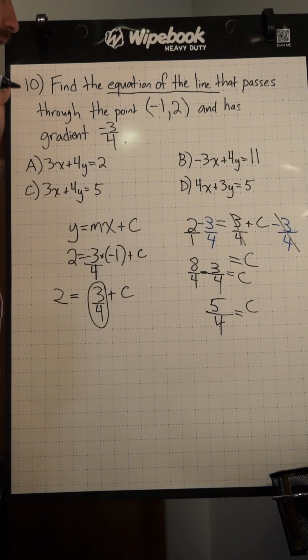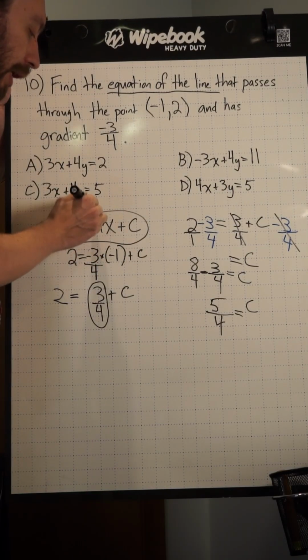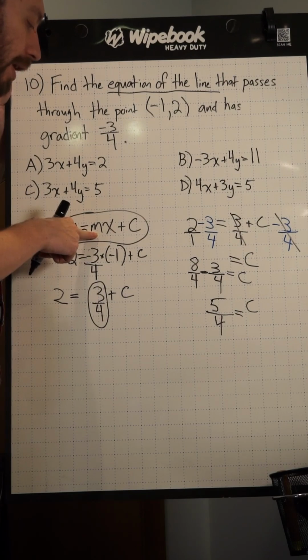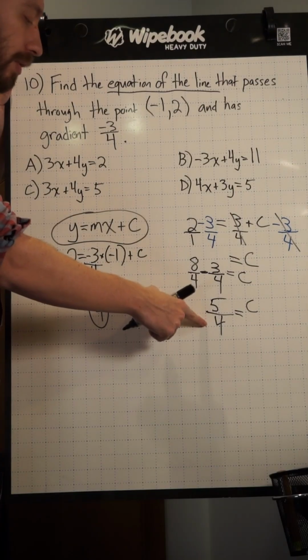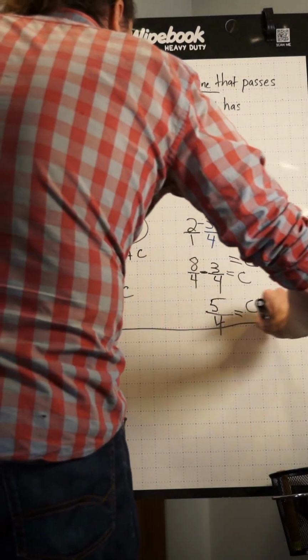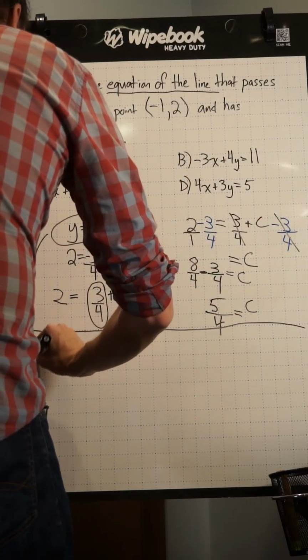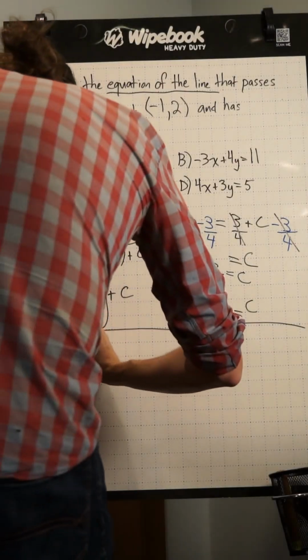Now the final thing that we need to do, we're going to go back to the equation of the line. We're going to put in, again, for M, the gradient, and C, the intercept, now that we found it, right? So I'll write it again down here. This time for the y and the x, we're just going to call them y and x, right?